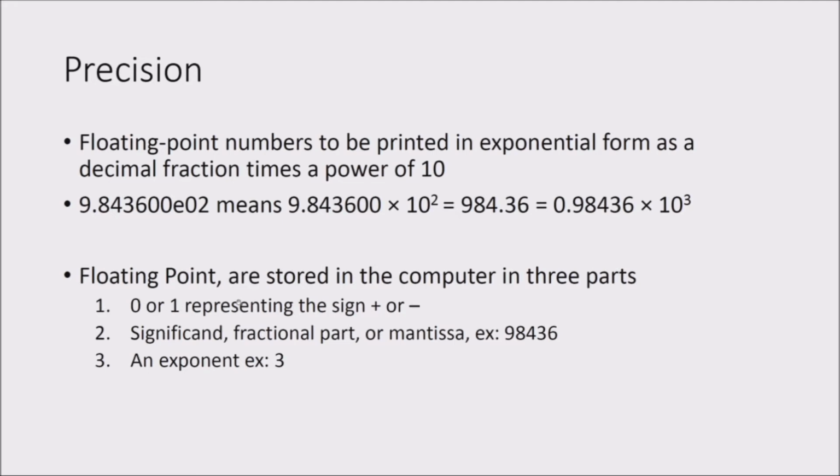Floating point numbers are stored in a computer in 3 parts. What I'm talking about here is that you will have 3 parts in your register. This is your register right here, and the first part is the plus or minus value, so you can represent this by 0 or 1. The second part is the mantissa, which is what the value is.